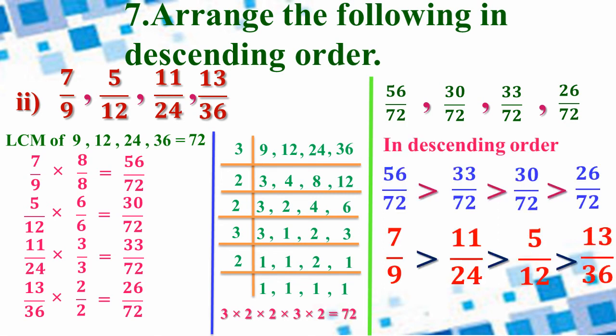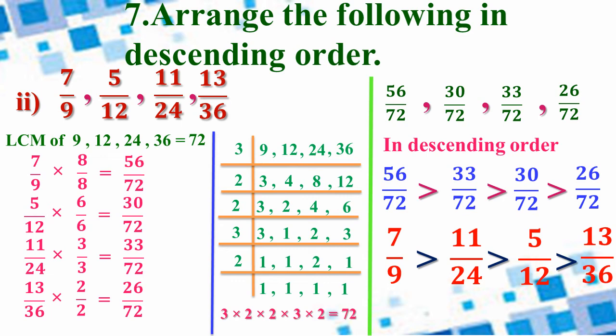The largest fraction is 56 by 72. The next largest fraction is 33 by 72. The next largest is 30 by 72. The smallest fraction is 26 by 72. Let us write the equivalent fractions.